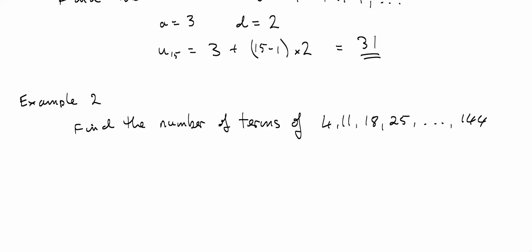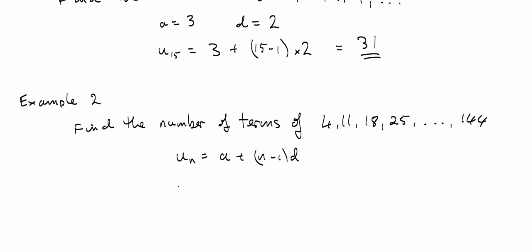Example 2: find the number of terms of this series, 4, 11, 18, 25, and it continues up until 144, but we want to find how many numbers are in that sequence. Well, using the formula again, u_n is a plus n minus 1 times d. We know that 144 is the nth term, where n is the number of terms.